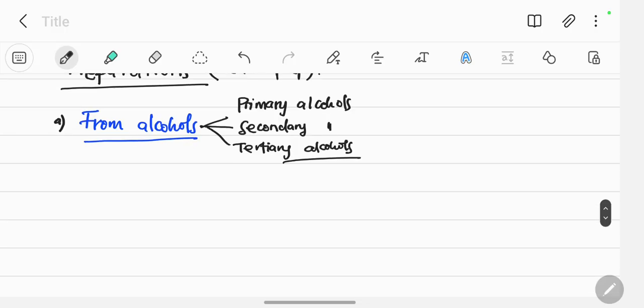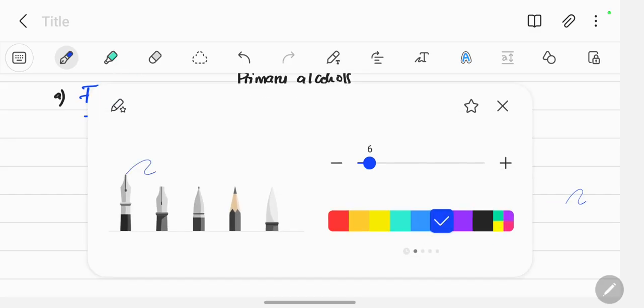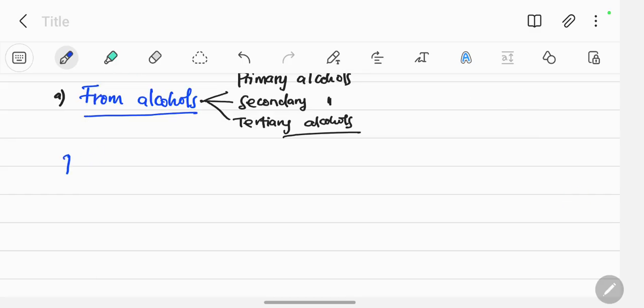So from primary alcohols, preparation from primary alcohols.